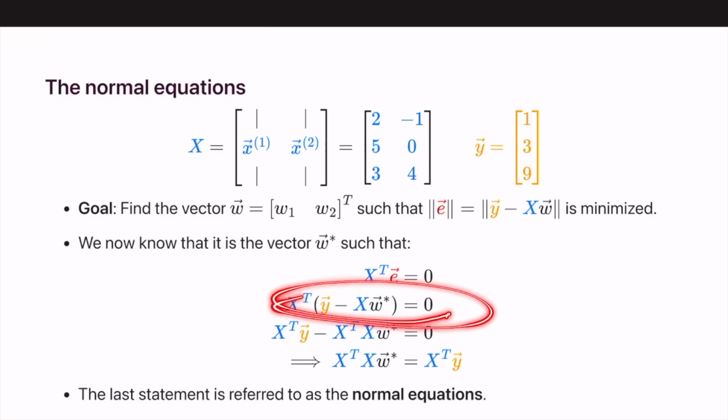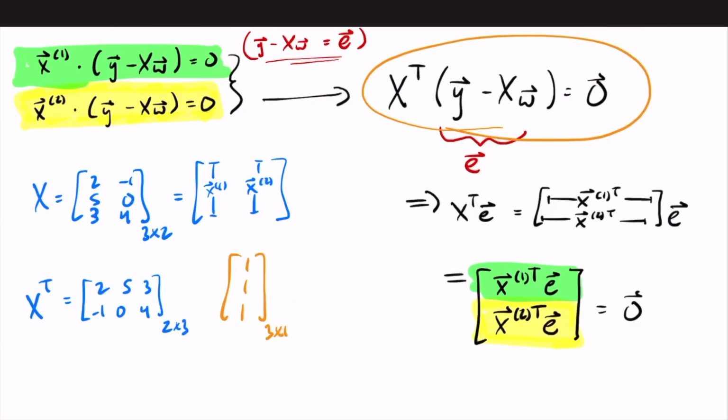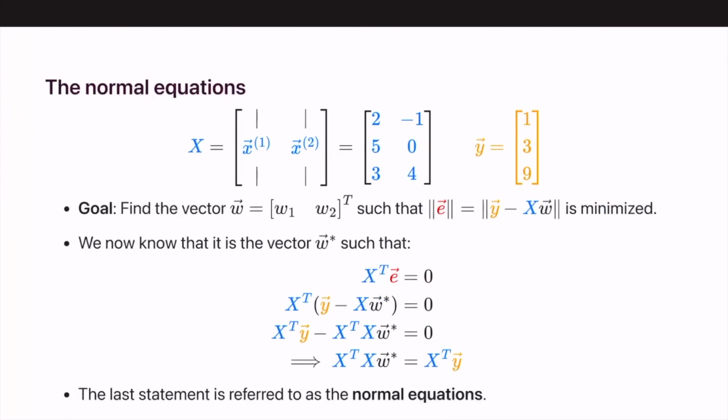Now this right here is what we had on the previous slide, right? X transpose times (y minus x w star). I'll just highlight it. Why not? So this is the key idea that we've been building up to, is how do we get to this?